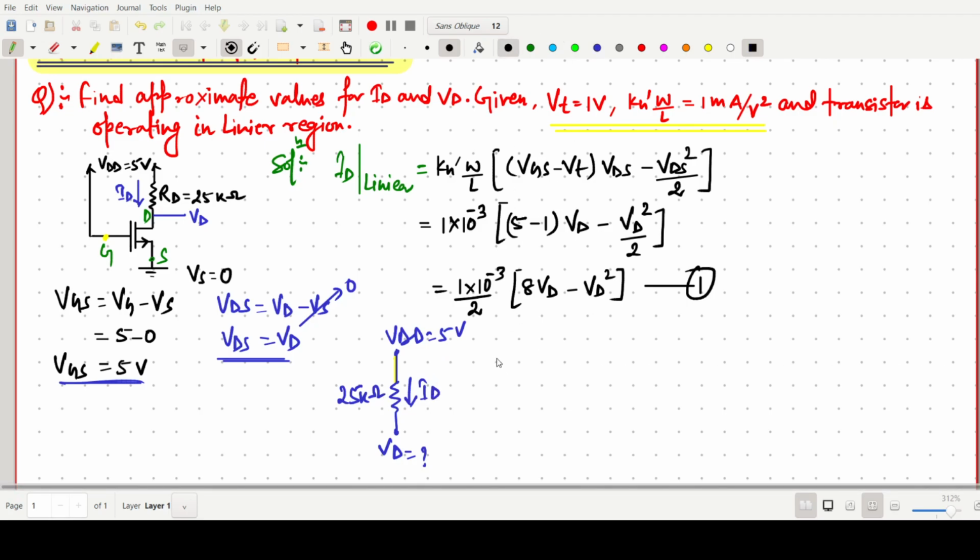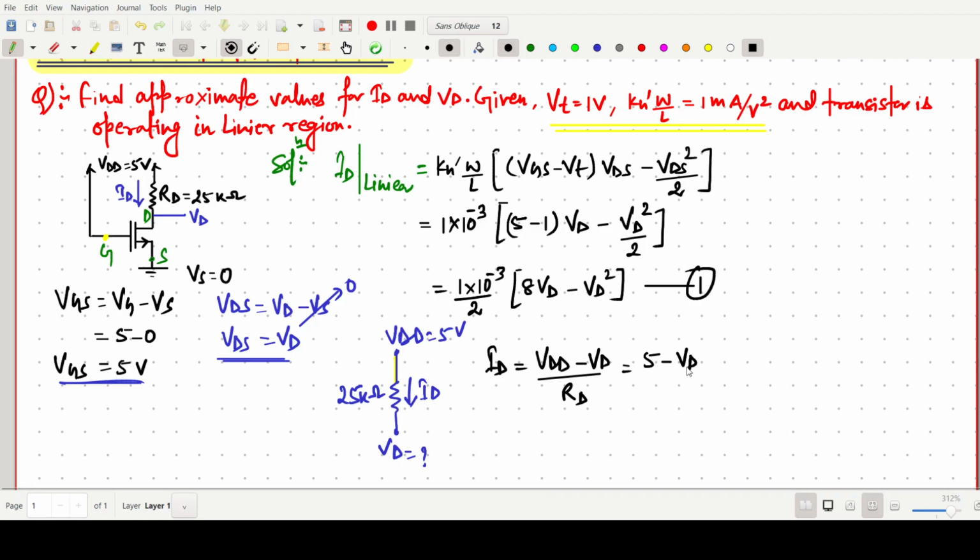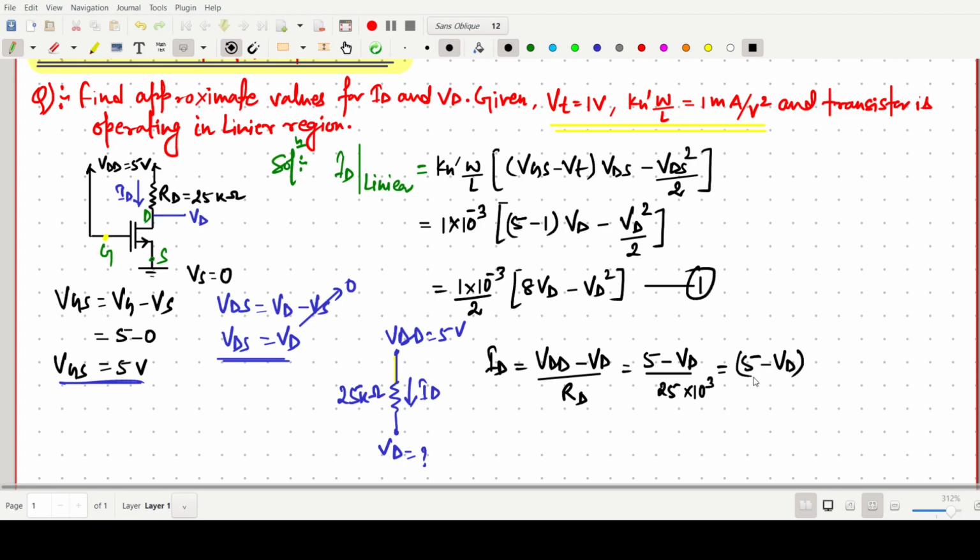The ID expression is simply the drain current, VDD minus VD divided by RD. VDD is 5, so 5 minus VD by 25 kilo ohm, or one can also write this as 5 minus VD by 25 into 10 to the power minus 3. This is our equation number 2.